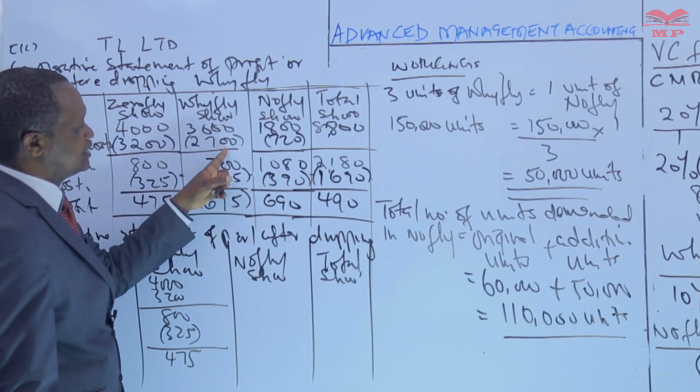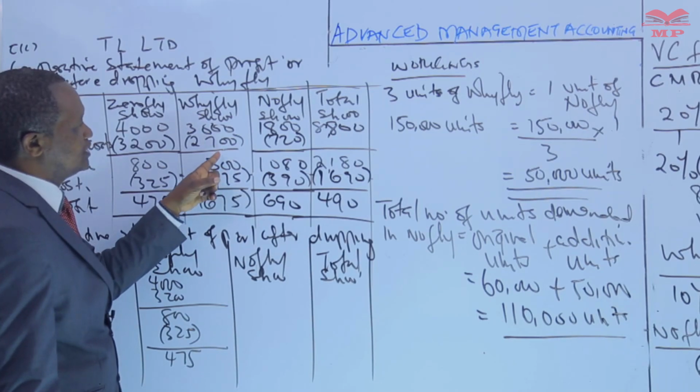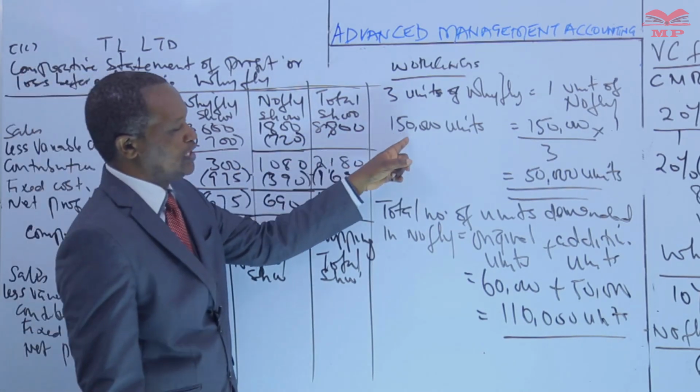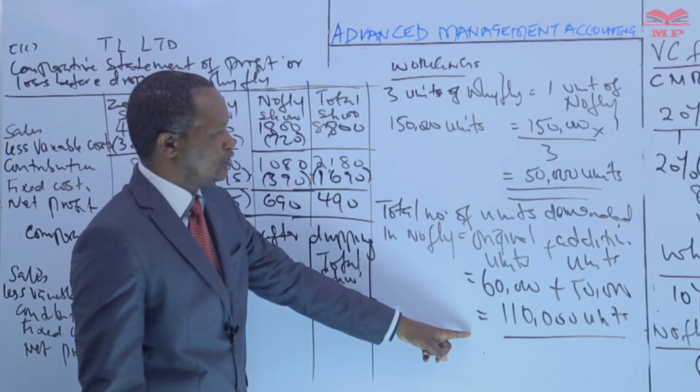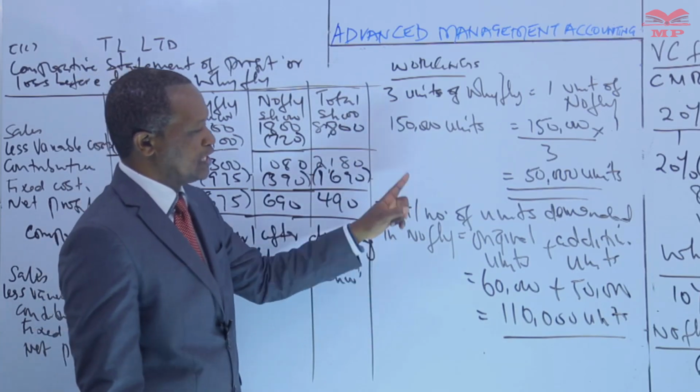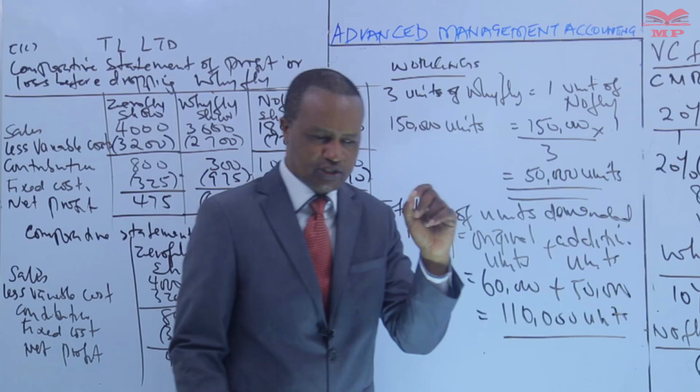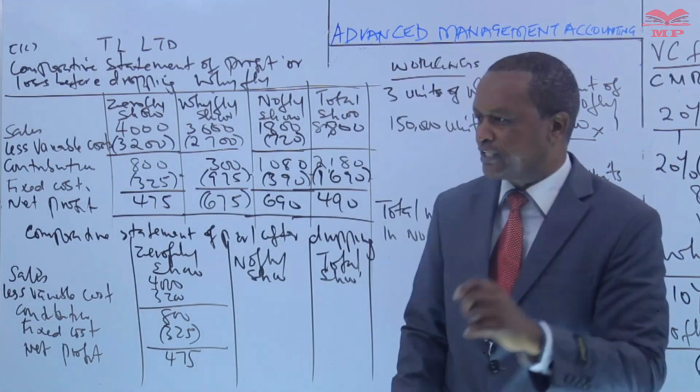But the labor that has been producing Wi-Fi units is transferred to no-fly. We've seen the ratio and the additional units. So now no-fly is going to produce 110,000 units. Have you understood up to that point? Is that clear?